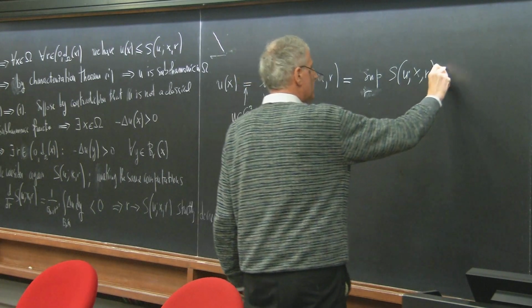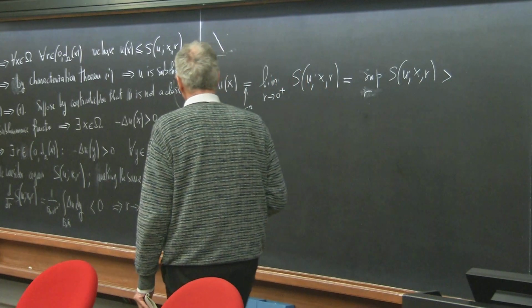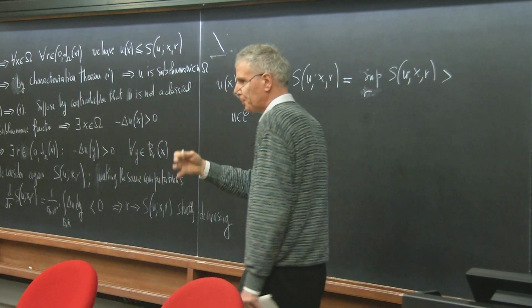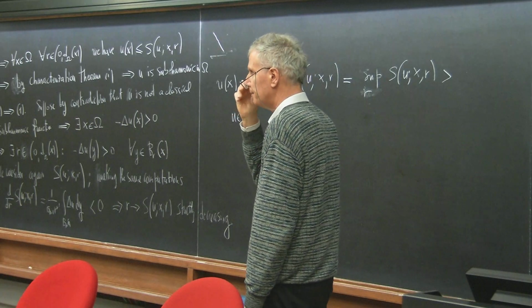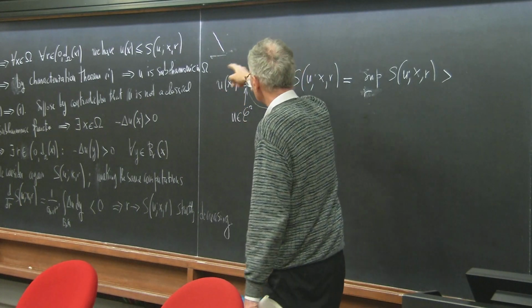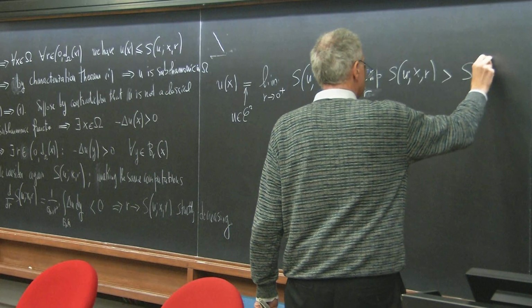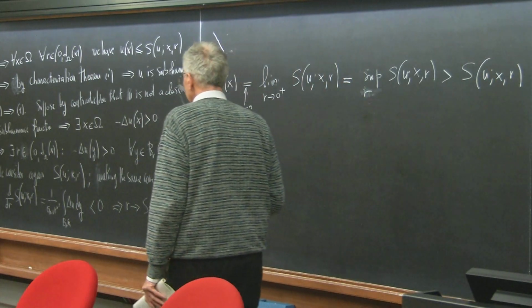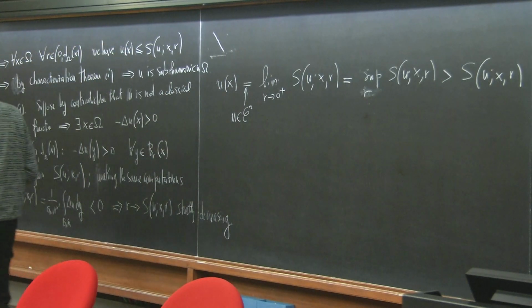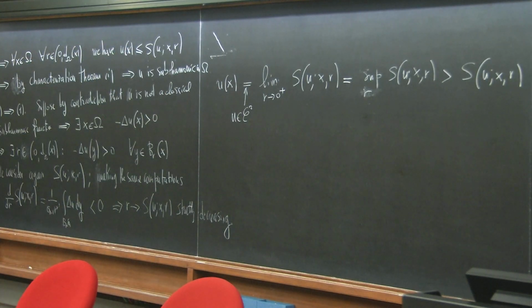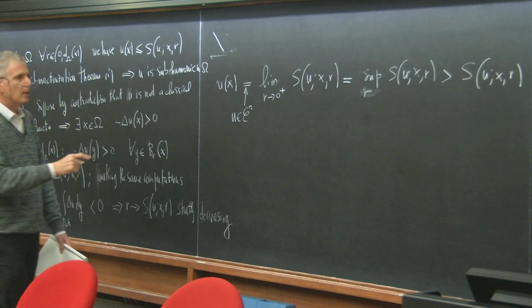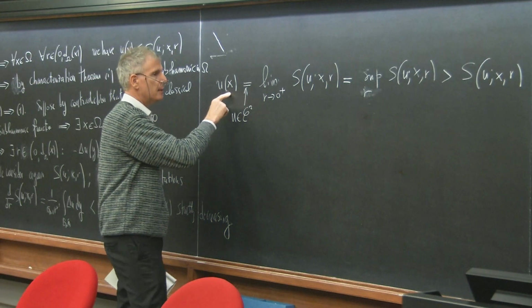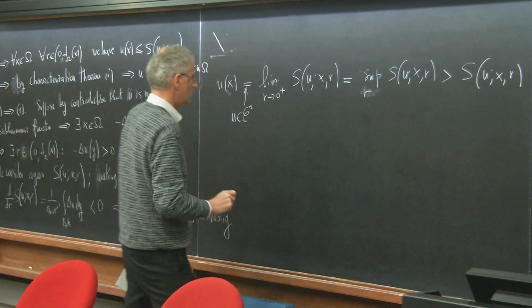And this supremum now is strictly larger because we have that it is strictly decreasing. And this is a contradiction with one of our equivalent concepts of being subharmonic, because being subharmonic can be stated with this less than or equal to.